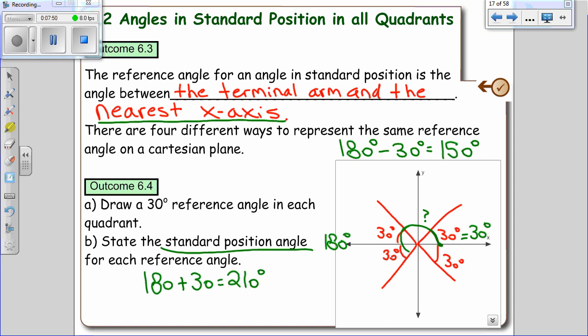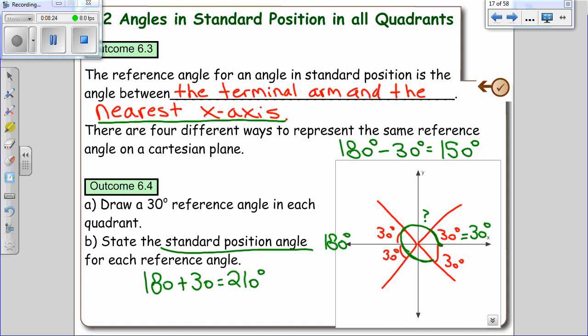I want you to try quadrant 4. So see if you can find the standard position angle that would give you a reference angle of 30 degrees in quadrant 4. So you're looking for that big guy. Give it a shot on your own. See if you can logically think your way through it. Okay.